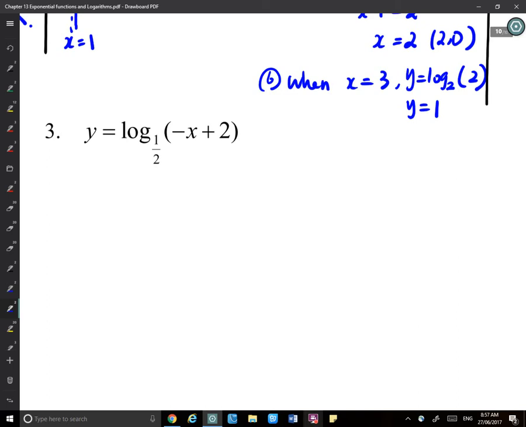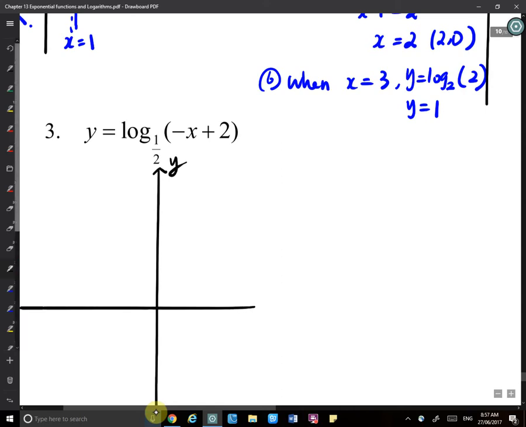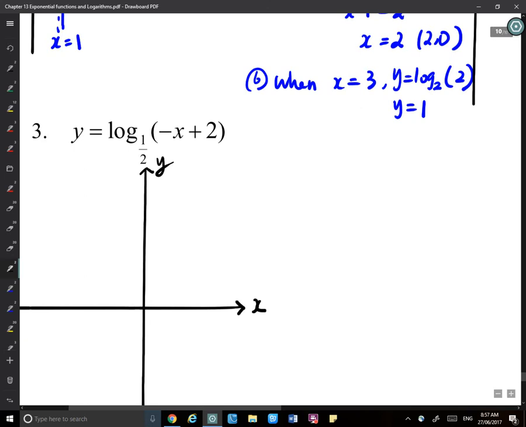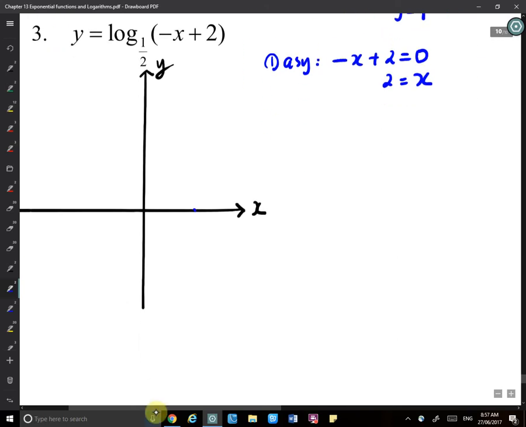Okay, for this graph, first one is the asymptote. Asymptote is minus x plus 2 equals 0, so 2 equals x. So x equals 2 will be the asymptote.